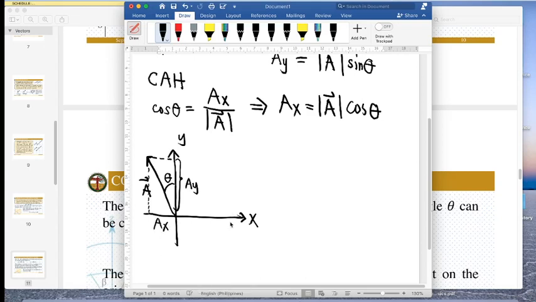So as you can see here, with SOHCAHTOA, sine theta is equal to opposite over hypotenuse, 'di ba? So anong opposite side ng theta mo if you stick with this theta? So yung opposite side is yung AX mo, 'di ba? So therefore, we have AX over the hypotenuse.